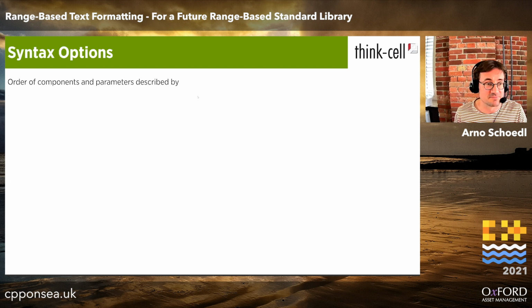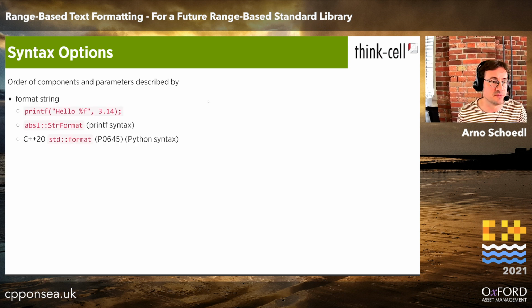That's pretty much it. Now, there are various options on how to describe these components, and I want to list them here so we know what the problem space, the solution space, is for this particular problem.